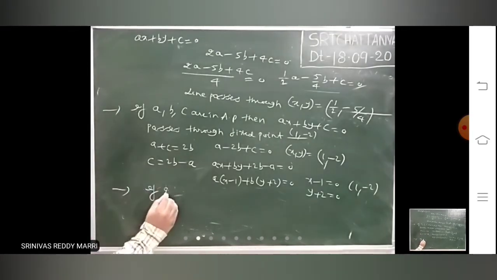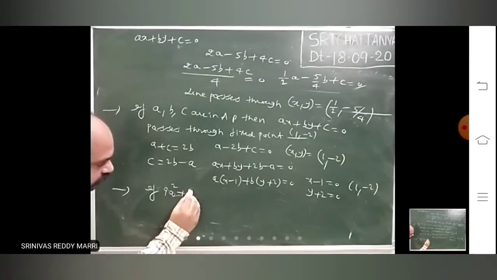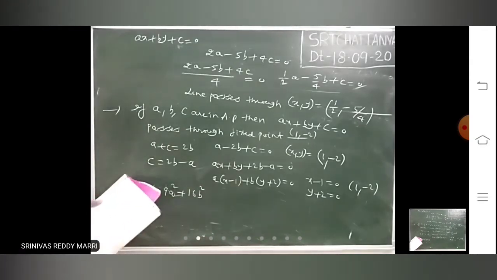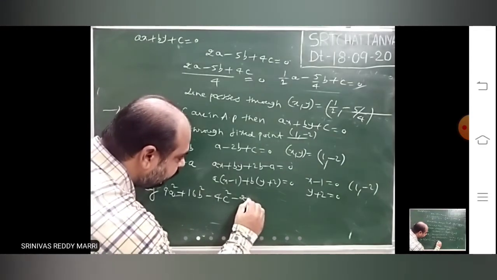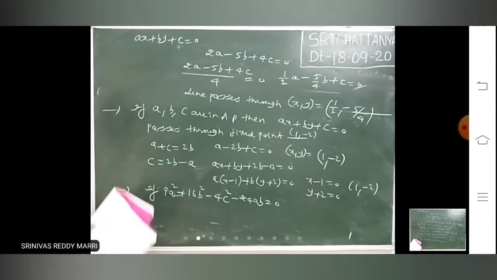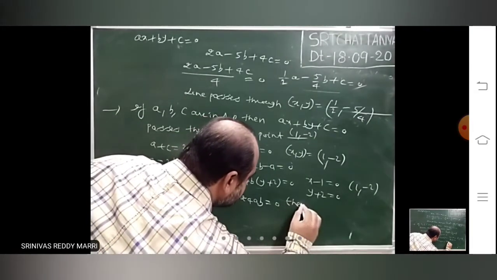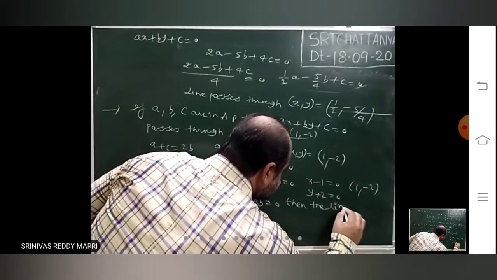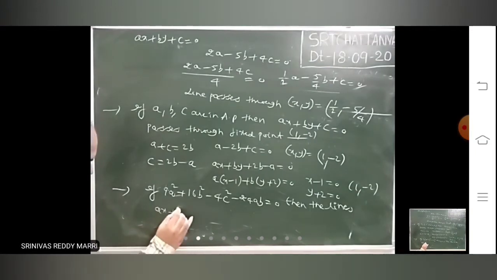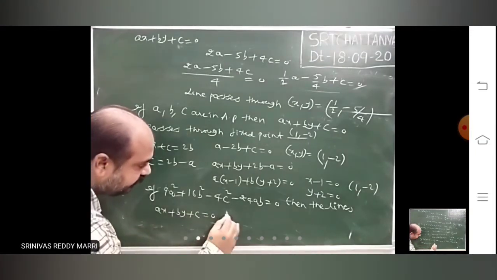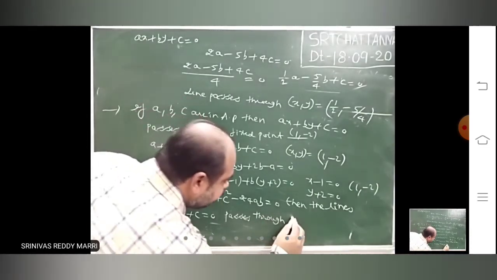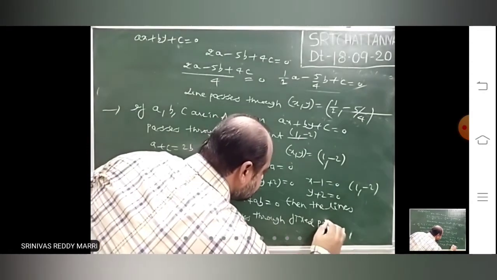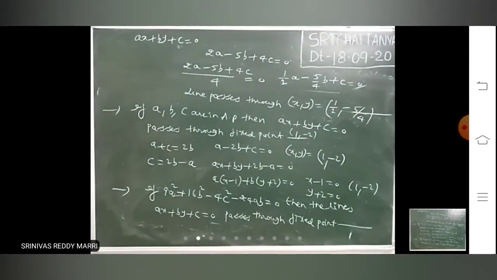He will give it like this: if 9a square plus 16b square minus 4c square minus 24ab equal to 0, then the lines ax plus by plus c equal to 0 pass through a fixed point.